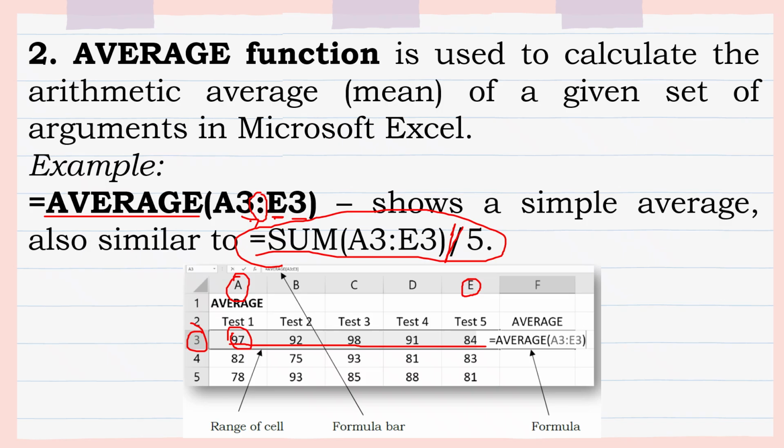Why teacher, you divide it into 5? Because there are 5 sets of numbers. We have 1, 97, 2, 92, 3, 98, 91, 4, and 84, 5. So you get the sum of all these numbers and then you divide by how many numbers there are. And that's it. You get the mean or the average of the numbers.